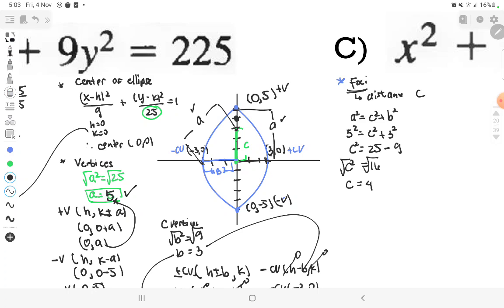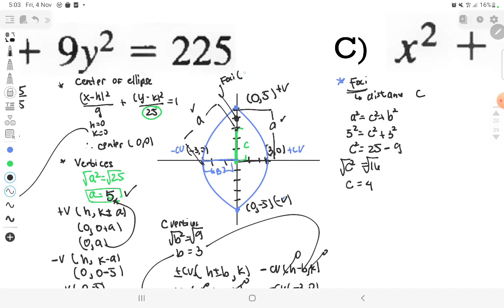So this is our foci. Since our vertex is at the major axis, that is also true to our foci. Wherever the vertex is, our foci is also within that axis, wherein that is our major axis.